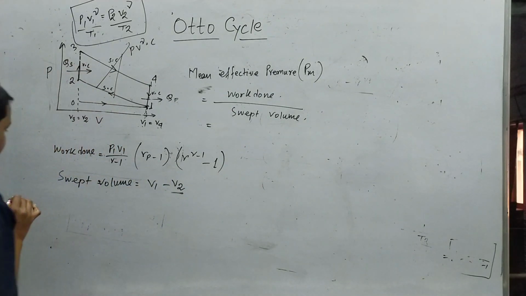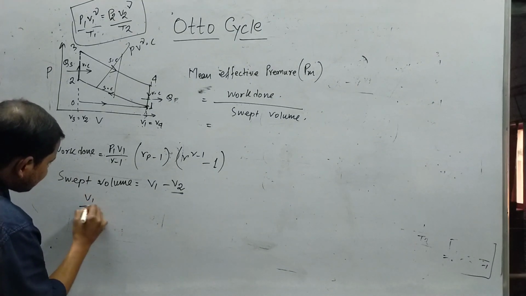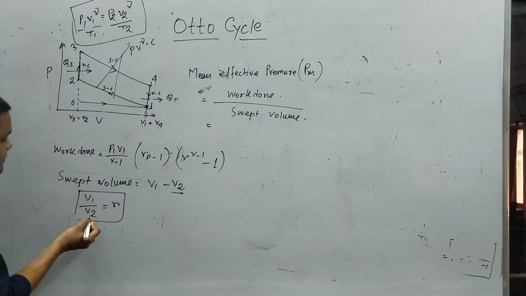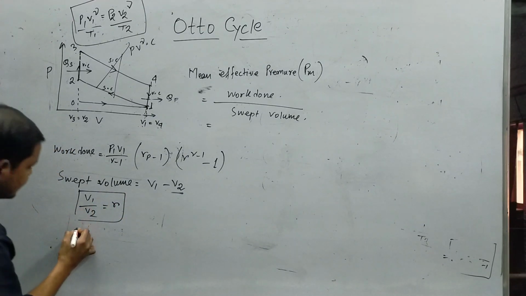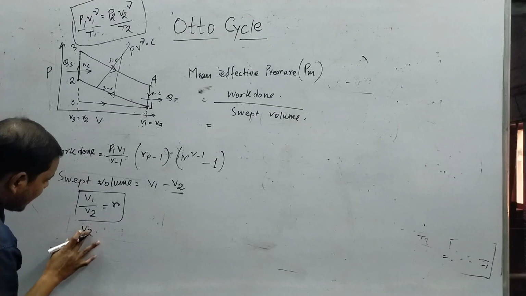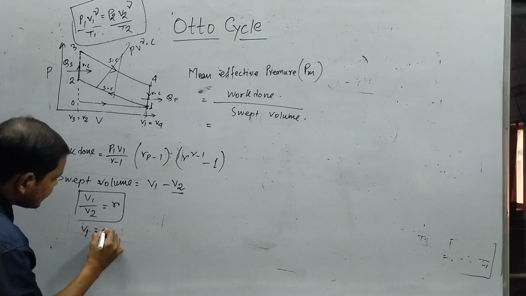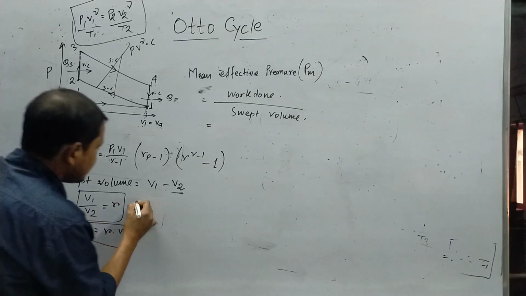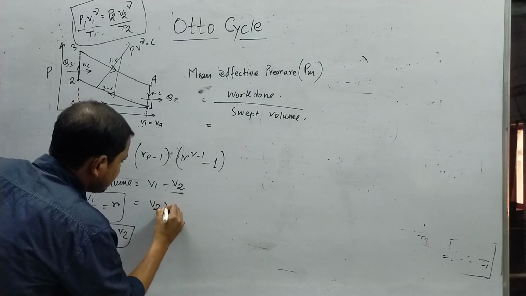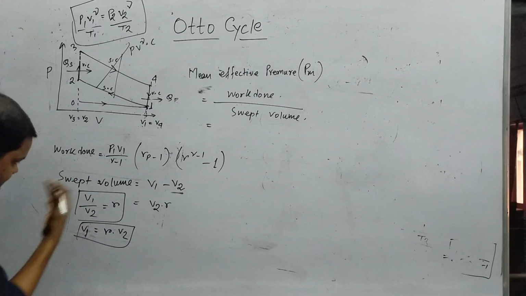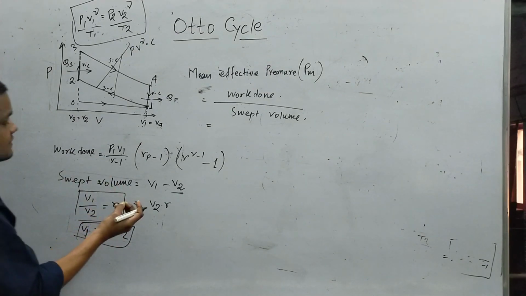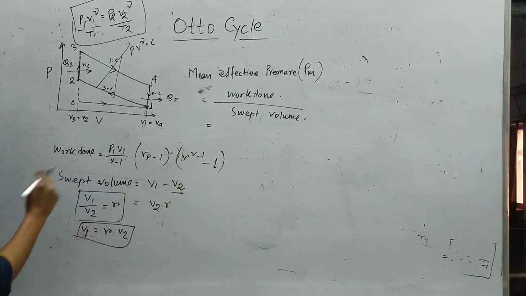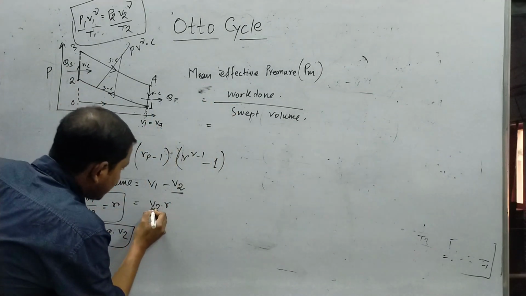And now we know that V1 by V2 is the compression ratio R, total volume by the clearance volume. So we can write V1 is equal to R into V2, and we will use this to depict the expression in terms of compression ratio also.